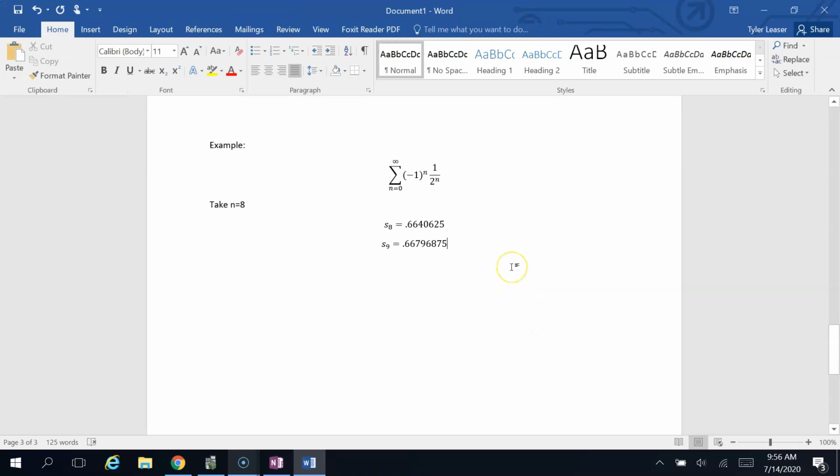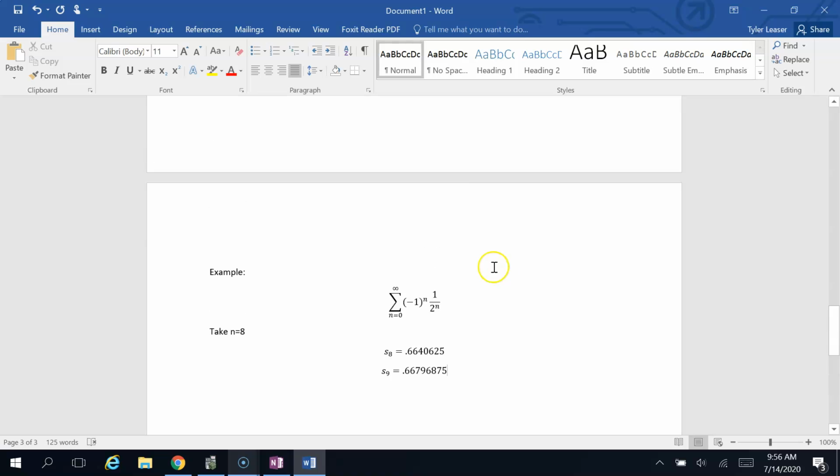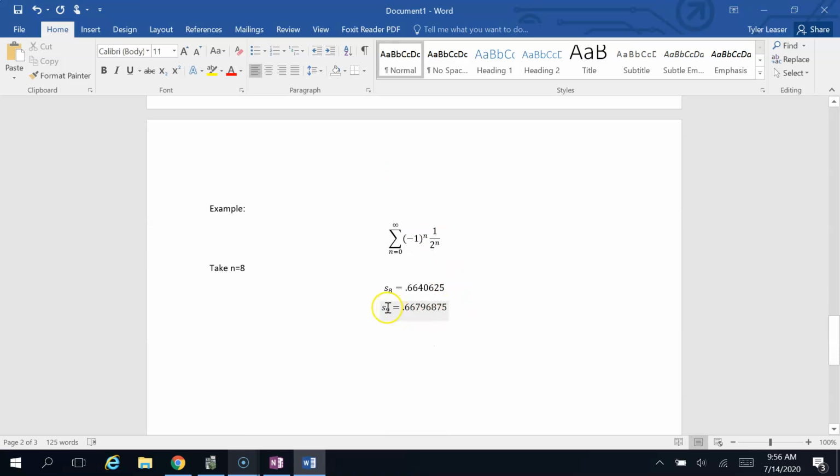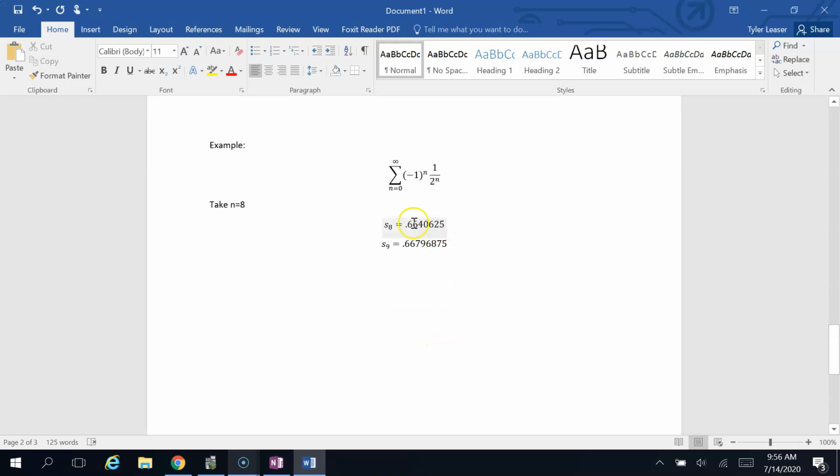Okay, so what's important here on what that theorem up above is saying is that the sum is within an error of the next value. Well, we just added on the next value to my partial sum, which means that the actual sum must be between these two values.